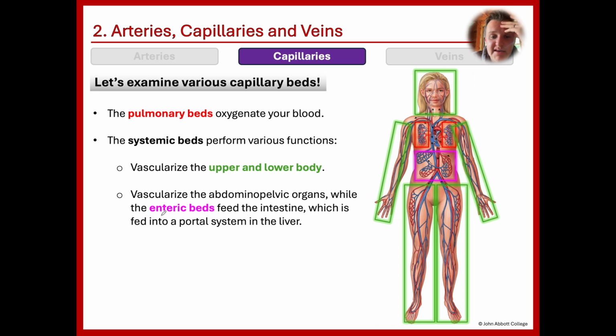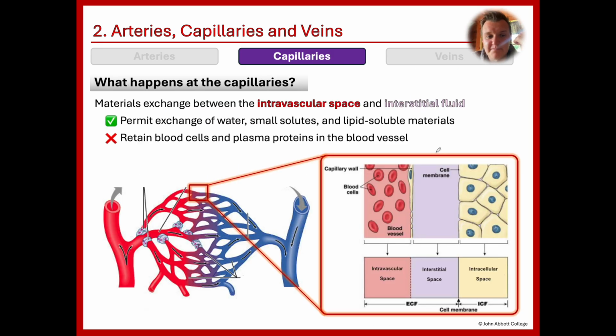We call these the enteric beds. Enteric system is like the gastrointestinal system. So over here, do you see all these capillaries going to the stomach and intestines? They feed the intestines, which also feed the portal system in the liver. So there's a whole system going on here of capillary beds.